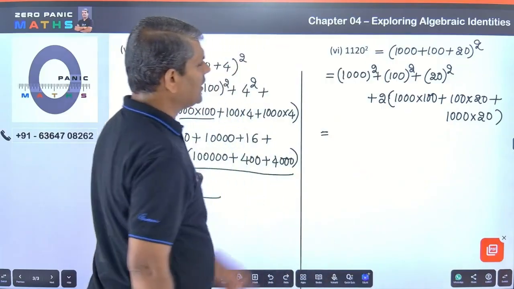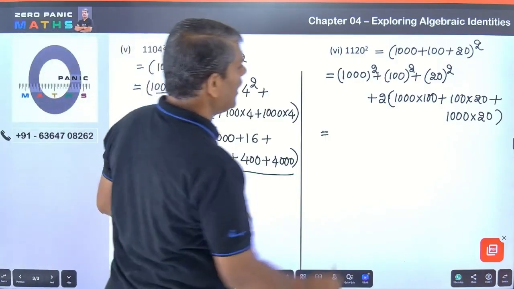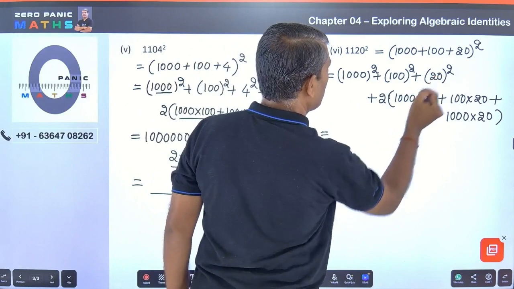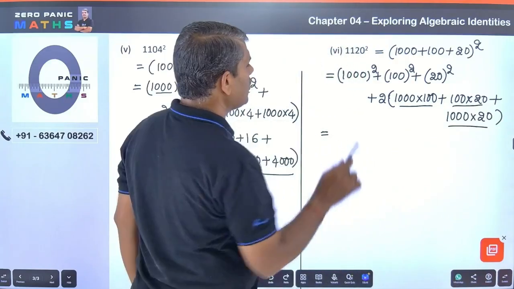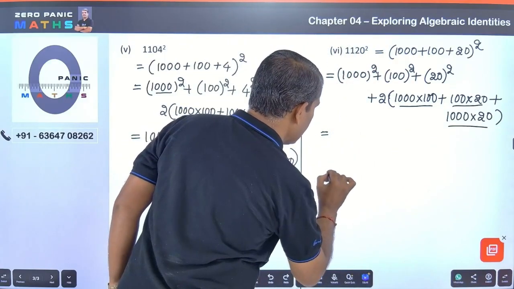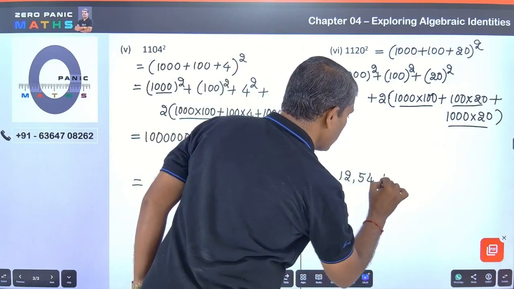Again, you know that 1000 square is 1 followed by 6 zeros, 100 square is 1 followed by 4 zeros, 20 square is 400, and 2 times of this. The final answer to the square of 1120 is 12,54,400.